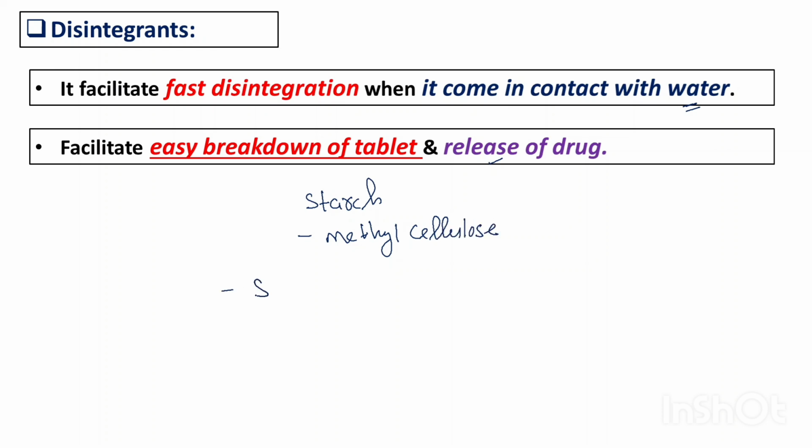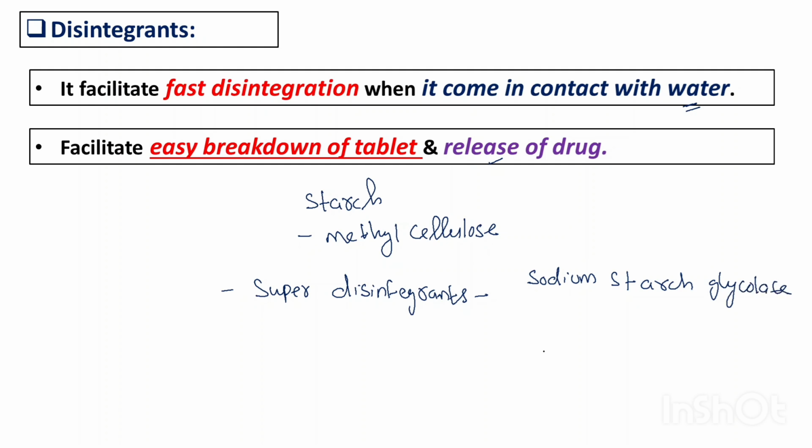And there are some super disintegrants, for example sodium starch glycolate and croscarmellose sodium, right? These are the super disintegrants.